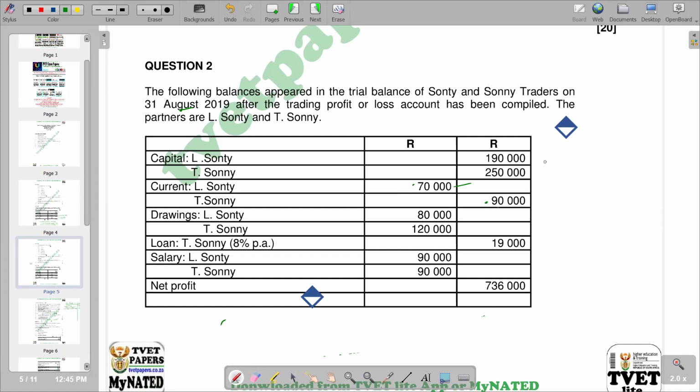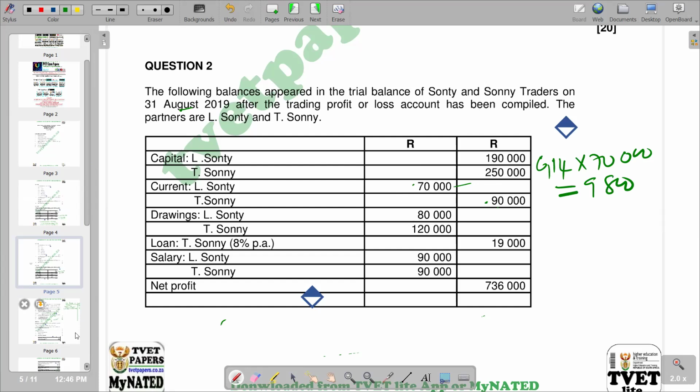So basically, we are saying 14% is 0.14 as a decimal, and then we multiply by 70,000 to get the one for Sonti. So 0.14, and then we multiply by 70,000. And the figure that you are supposed to get is 9,800. So this 9,800, we put it on the credit side of the appropriation because it has a debit balance here.